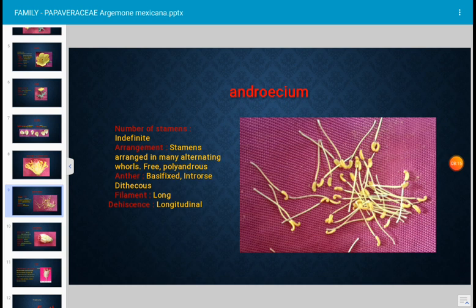The stamens are free, therefore they are polyandrous, and the attachment of filament to the anther is basifixed because the basal region of the anther is attached with the filament. Anthers are introrse, dithecous, two-celled. Filaments are long and dehiscence of the anther lobe is longitudinal.